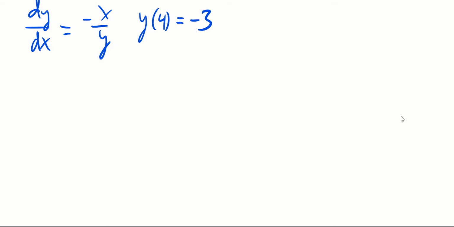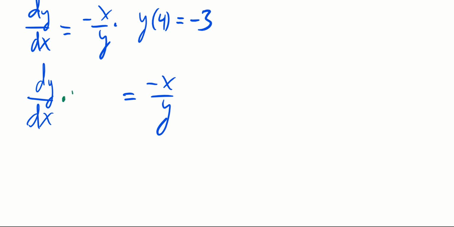First things first, we want to bring all the y terms to one side, all the x terms to the other side. So I can take and multiply both sides by y and dx, to clear fractions. I'm going to multiply by y dx, multiply by y dx.